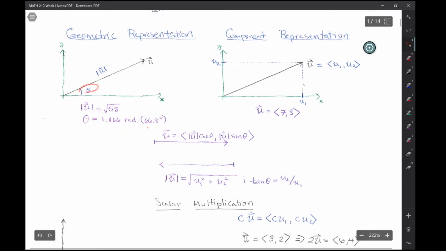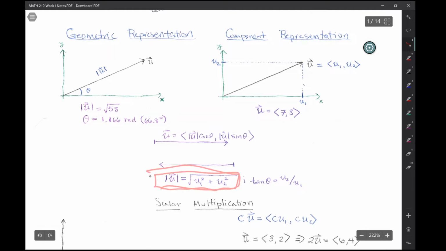So the angle that u makes with the positive x-axis when we wind counterclockwise is 66.8 degrees, or, which we'll use more commonly in this class, radians, 1.166 radians.